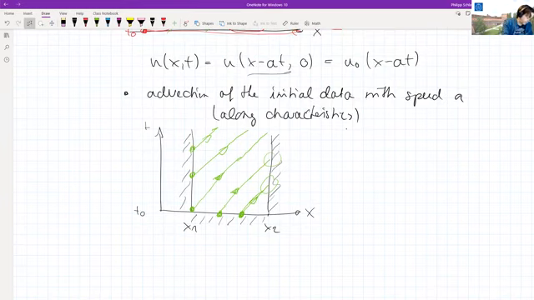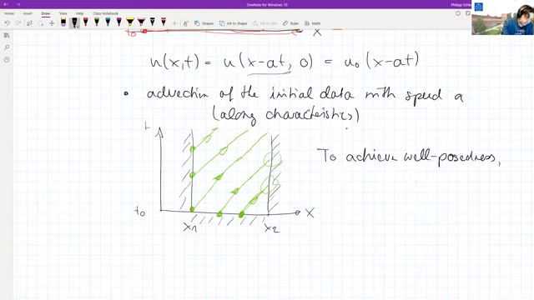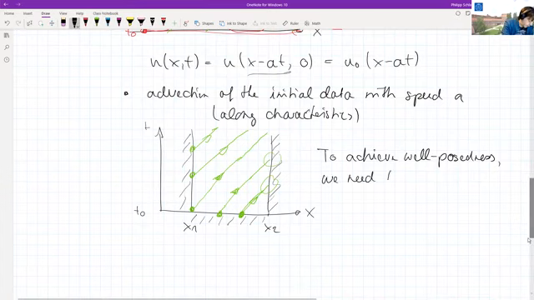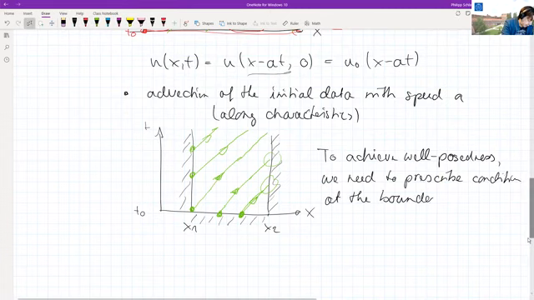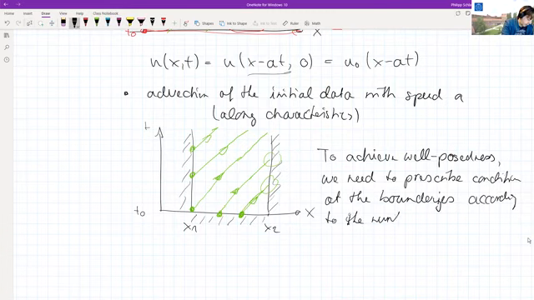So if I just summarize that with a sentence, to achieve well-posedness, it means that we need to prescribe conditions at the boundaries according to the number of ingoing characteristics.